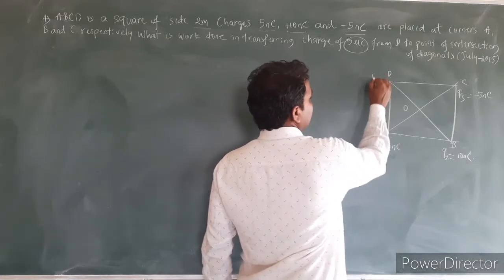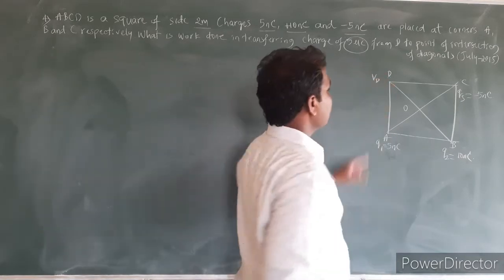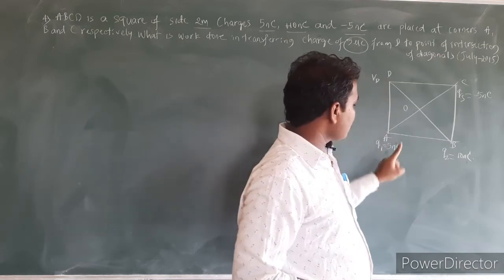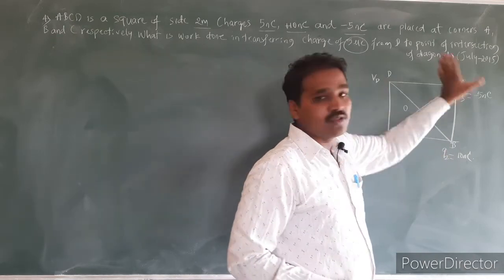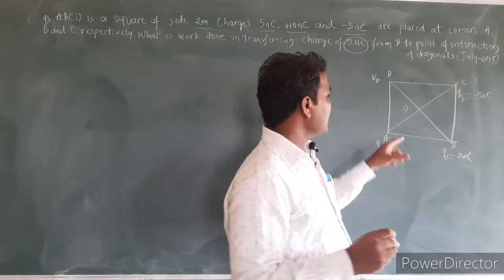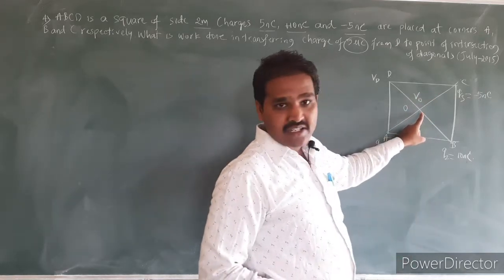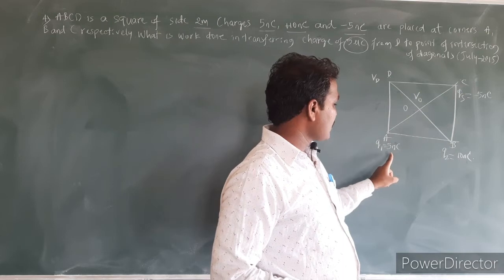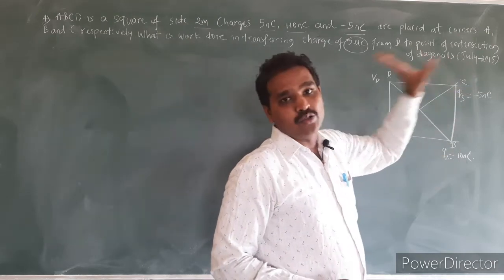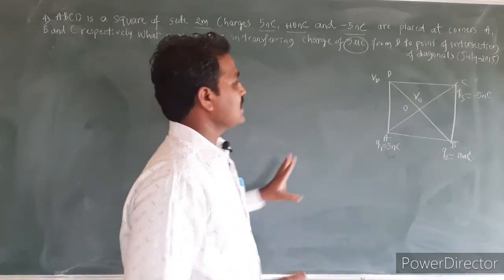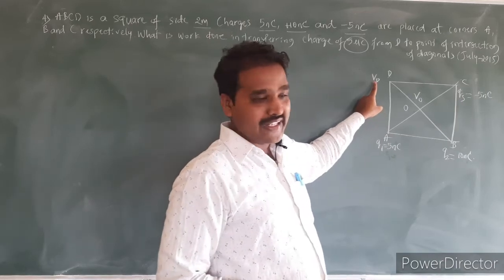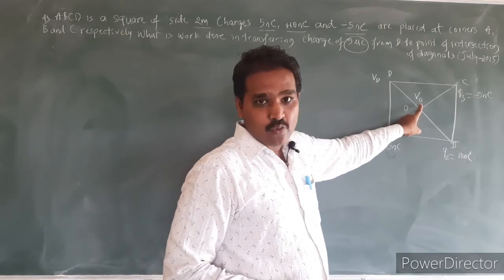Okay. Let us consider VD is the potential at point D because of charges Q1, Q2 and Q3. Similarly, let me write VO. VO is the potential at point O because of the source charges Q1, Q2 and Q3. First separately we shall find the value of VD, and then we shall find the value of VO.